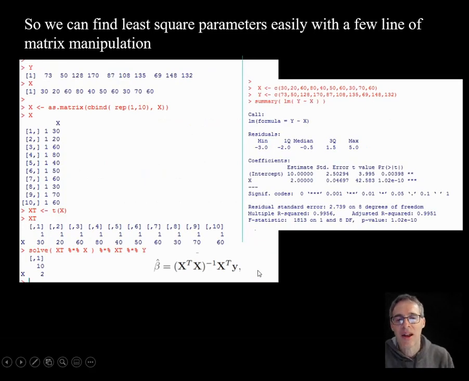And this can simplify our code to get the coefficients in R, right? So here's my Y data, here's my X data. So if I say X as matrix cbind rep 1 10 X, here I just have my design matrix, or my matrix with the data, with the intercept and the X data. I take the transpose of this thing, and that just swaps the rows for the columns, right?